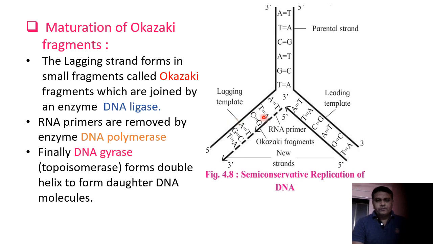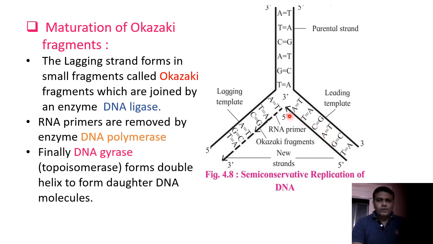In this diagram we can see that one is the leading template and another is the lagging template. On the leading template, the strand is produced in the C5 to C3 direction towards the replicating fork and is continuous. Hence it is called the leading strand.